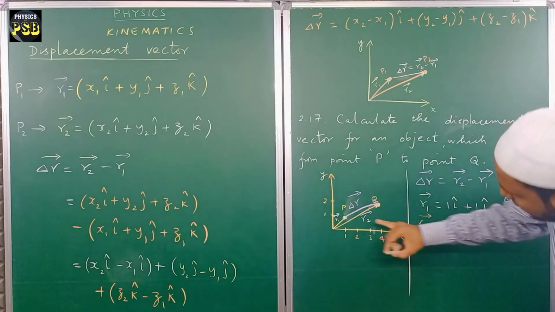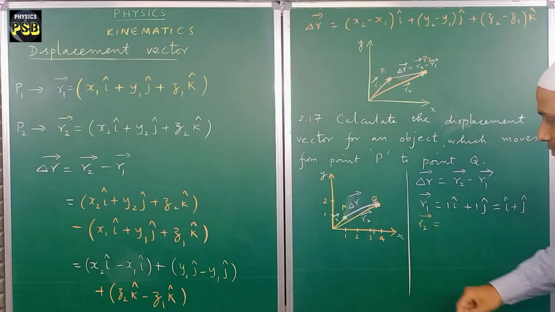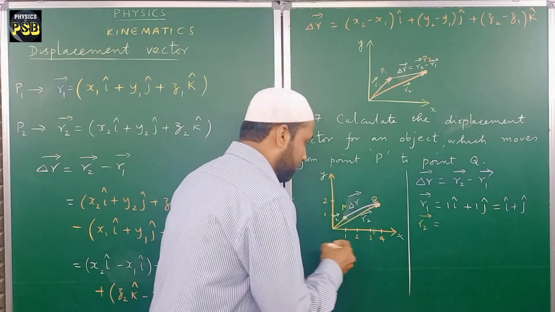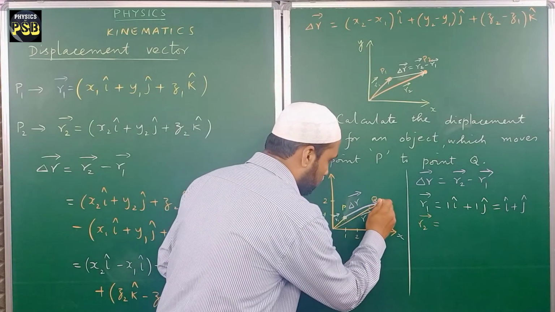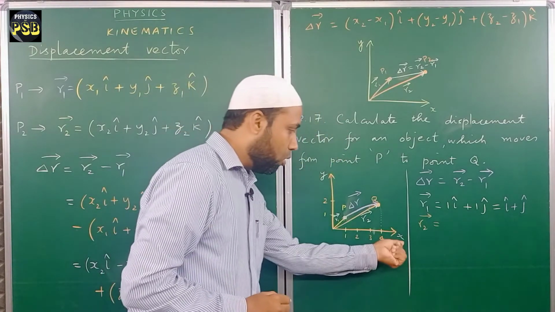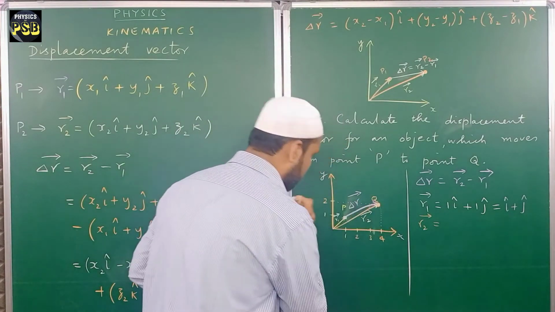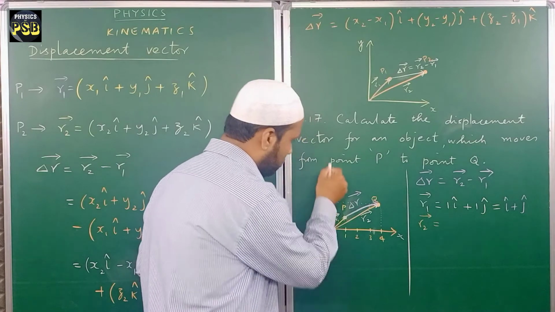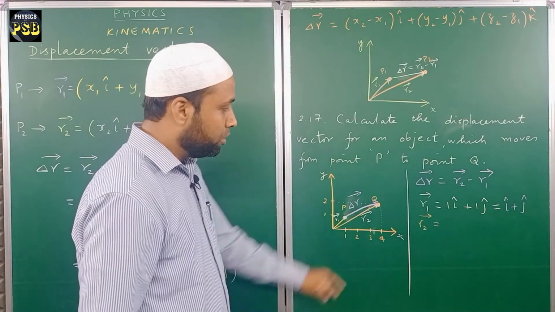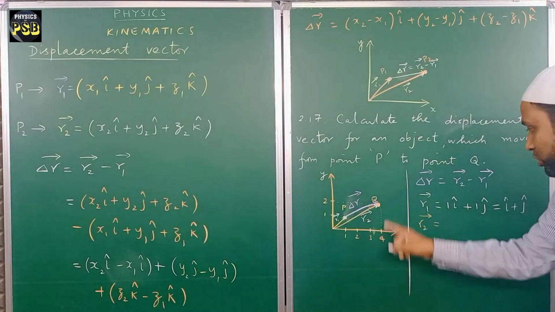Now let me write the value of R2 vector with the help of this graph. Here, if I drop a line from point Q, it intersects at point 4 along the x-axis. Now if I do the same thing from here, then it intersects at point 2 along the y-axis. This gives the position of Q at any given time. So what is the position?